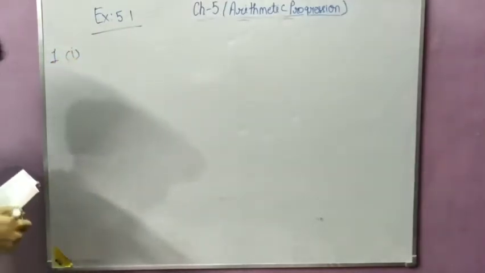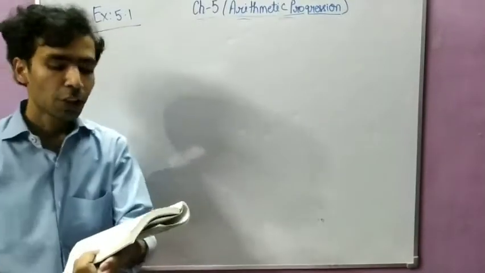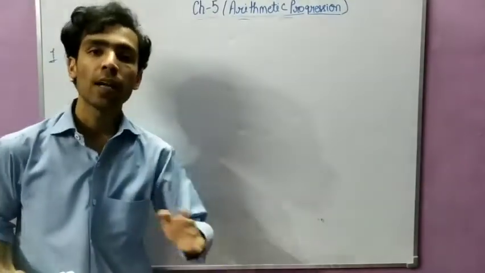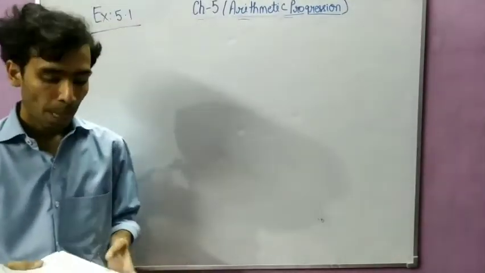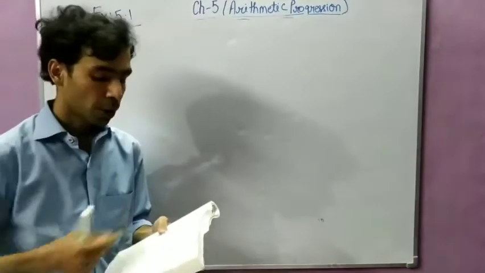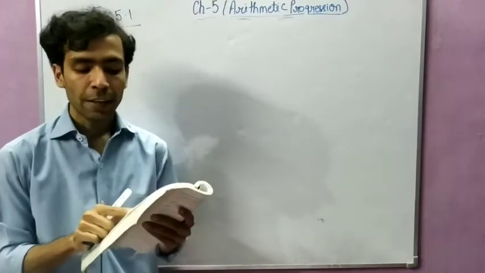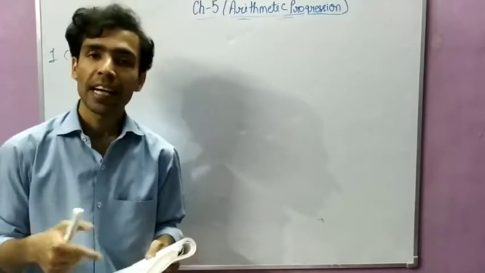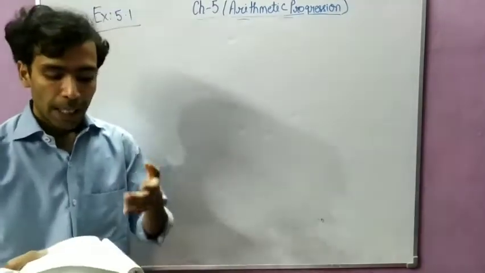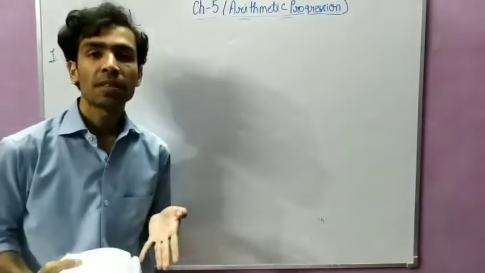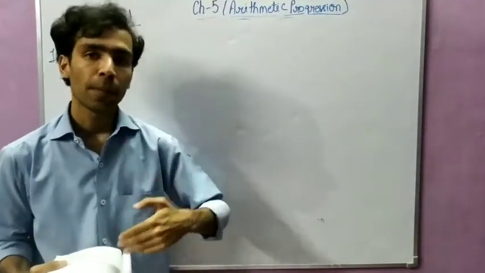Now what is question number 1? In which of the following situations, I hope you all have a maths book with you, okay? So I am not writing the question. In which of the following situations does the list of numbers involved make an arithmetic progression, and why? In question number 1, there are many statements, part 1, part 2, part 3 and part 4.